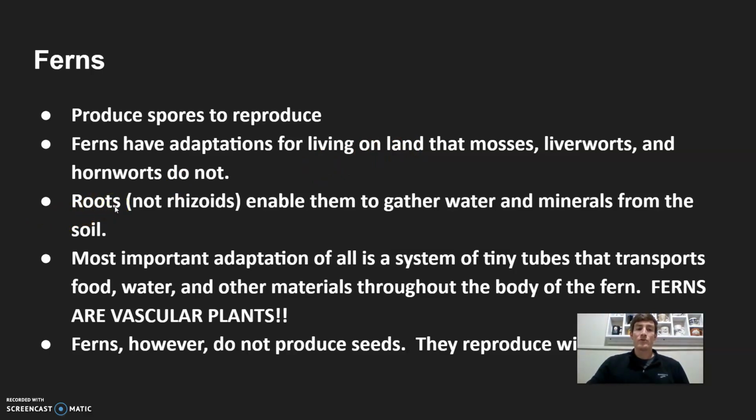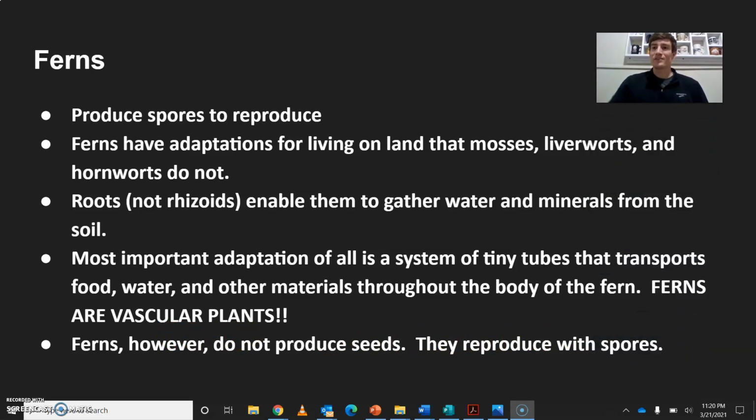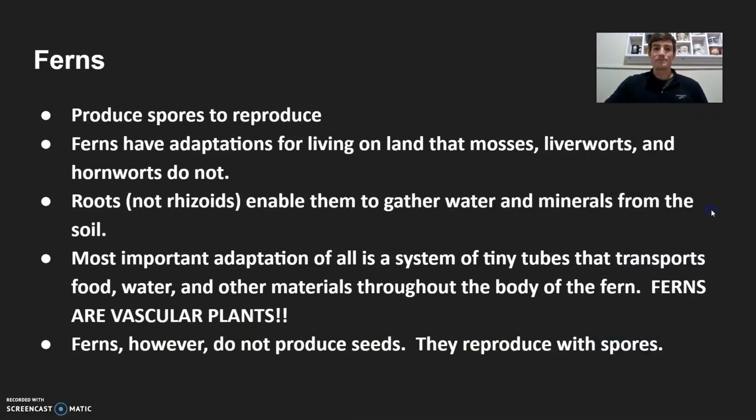So they actually have true roots, not the rhizoids that the mosses had. They are also really well adapted for moving further away from water, which is a really big step. But the big thing that's different from them and the seed-bearing vascular plants is that they don't produce seeds. And we're going to see why that's a pretty significant thing in just a little bit.